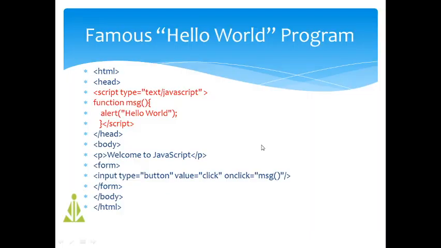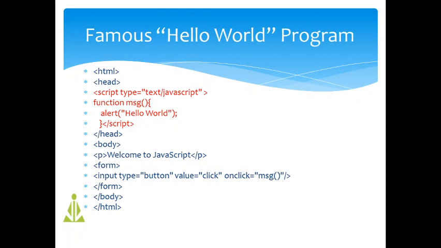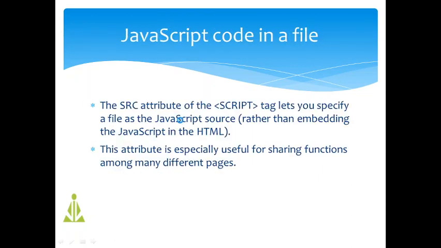So this is about the simple hello world program. Now, JavaScript code in a file. As I told you, the src attribute of the script tag lets you specify a file as a JavaScript source rather than embedding the JavaScript. I don't want to embed it in the HTML.